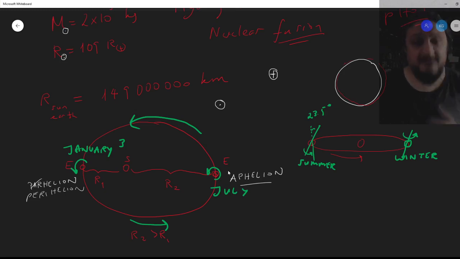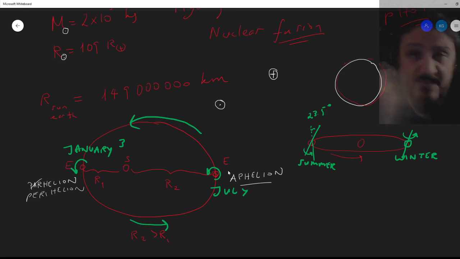Now, because of this tilt, the daylight you will get in the summer is more. I mean, not just the amount of light, but also the time of the day. From sunrise to sunset, it's going to be longer compared to a day in the winter.